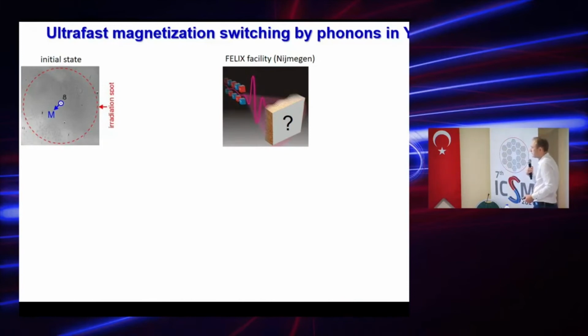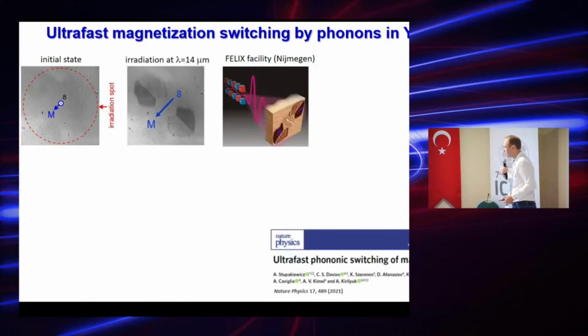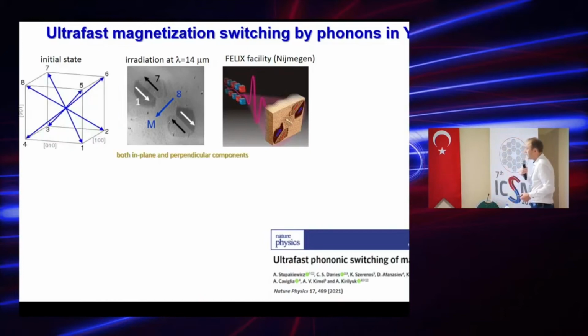This is the solution we use at the FELIX facility at Radboud University in Nijmegen. We observe the unusual switching of the domain. Some magnetic pattern. Okay, if you look at the main orientation in the crystal, there is some magnetization in this pattern.